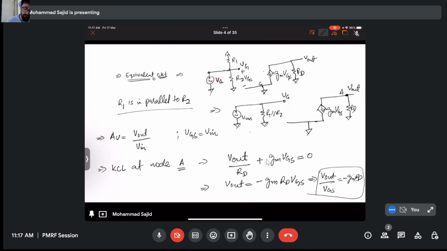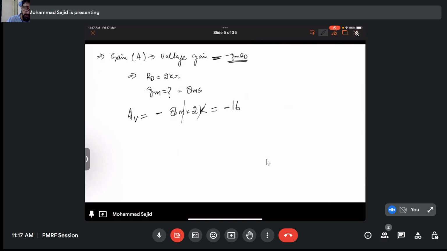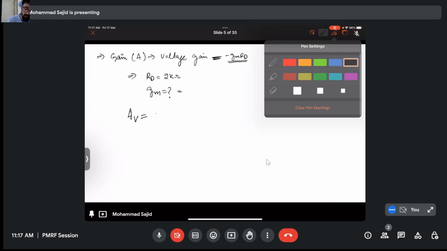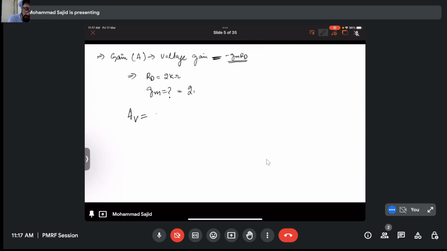2 milli. Right, let me clear this as well. So it is 2 millisiemens. So my gain is minus gm times RD, that will be equal to minus 2 milli into 2K.